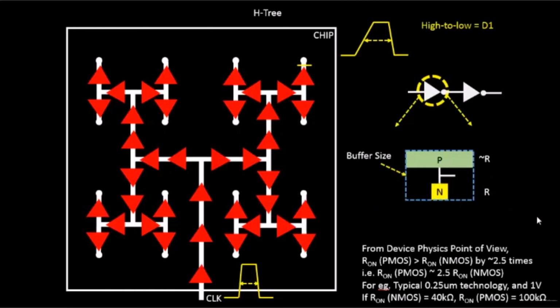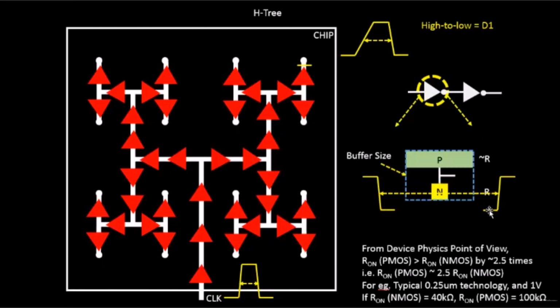Next we will be sending the fall transition, the high to low pulse at the input of the inverter, and at the output you get a sharp waveform which is very close to the one that we saw in the previous case.